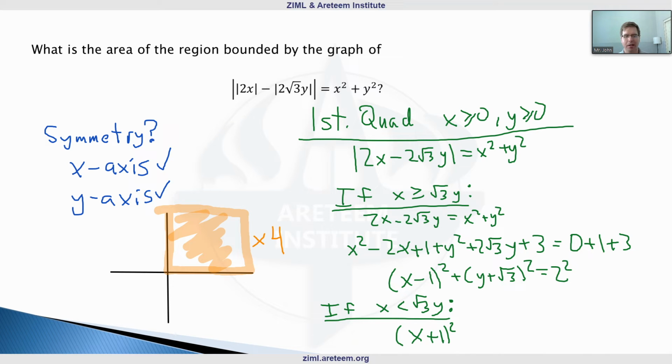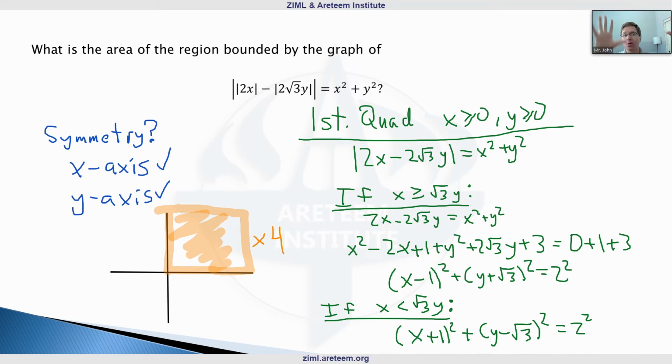So the y and x coordinates of that center swap around a little bit. So here you're going to have (x plus 1) squared plus (y minus root 3) squared equals 2 squared. So this gives us another circle with radius 2, this one with a center of (negative 1, positive root 3).